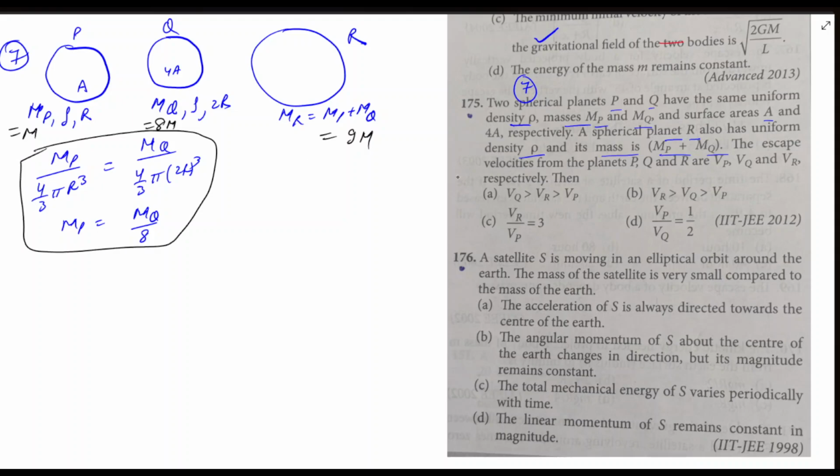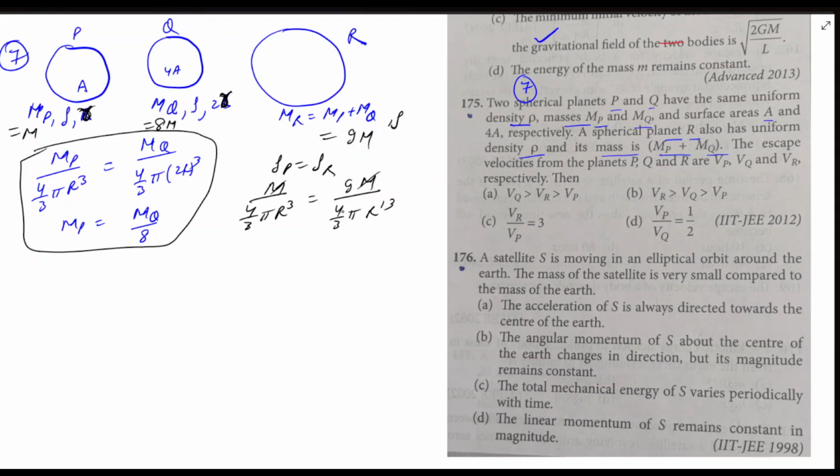Perfect. Now, do we have everything? No, it's the radius of R. We don't know it, but it has uniform density rho, so we can find the radius by comparing with P. Density of P equals density of R. So m upon 4 by 3 pi r cube is equal to 9m upon 4 by 3 pi R dash cube.